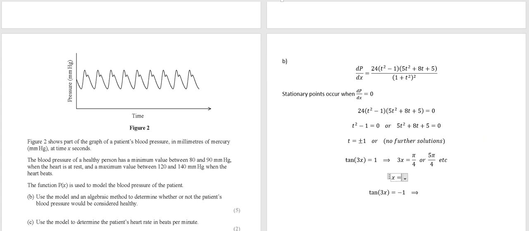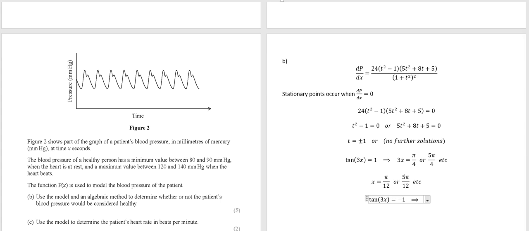And each of these will give us a value for x. Pi by 12, 5 pi by 12, etc. Because of the cyclical nature, it's probably not necessary to have lots and lots of different solutions for x. They're going to relate to the same point on the graph, just further along, if you like. So the next wobble in the curve.